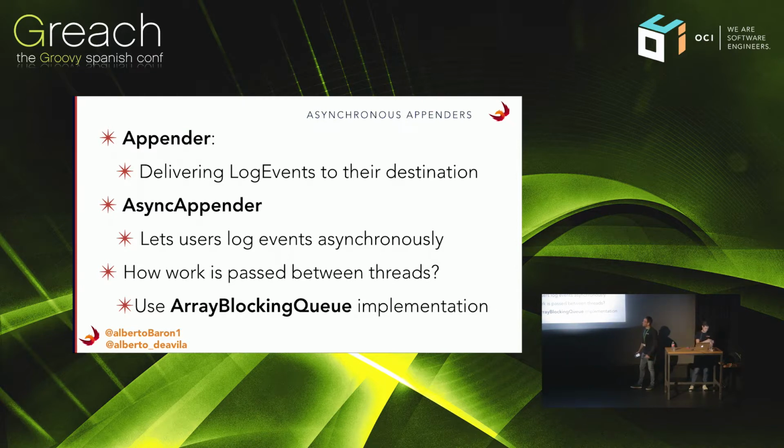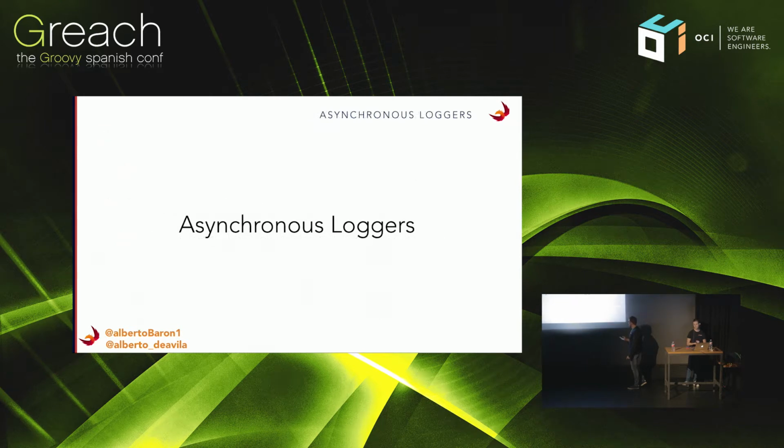The way to pass the message from the main thread to the rest of threads is using an array blocking queue implementation, which is a FIFO queue that doesn't use any type of external libraries, but the performance was not good. So in 2014, asynchronous loggers appeared.